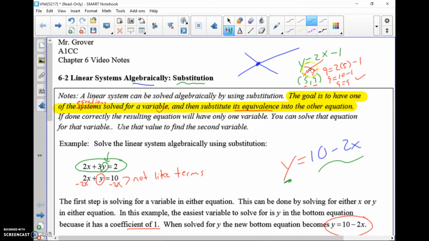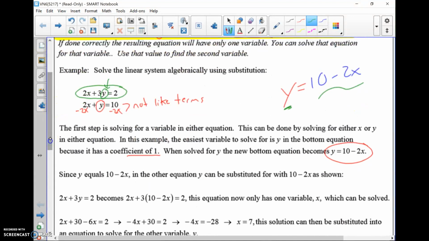Just like up here when I replaced y with 9 and x with 5, I'm just substituting. Whenever you have an equation, that means that the thing on the left and the thing on the right are equivalent. They are interchangeable. You could replace one with the other. So I could replace that y with what it equals, 10 minus 2x.